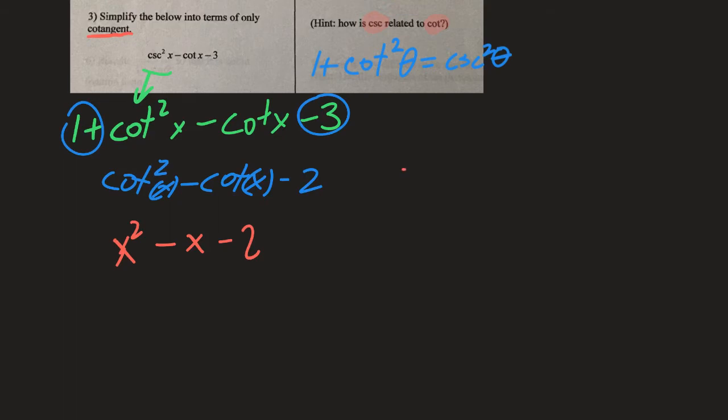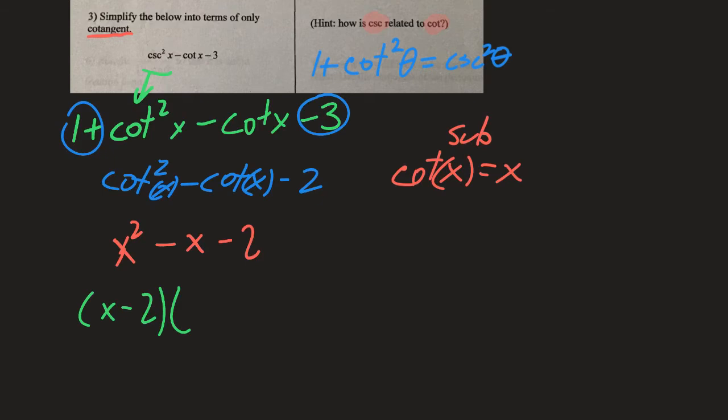This function, but just by saying cotangent x is equal to x, we can substitute. And we can now see that it's actually in the same form as a quadratic. So we can break the quadratic down using factoring. The two numbers multiply to be -2, and they're going to add up to be -1.